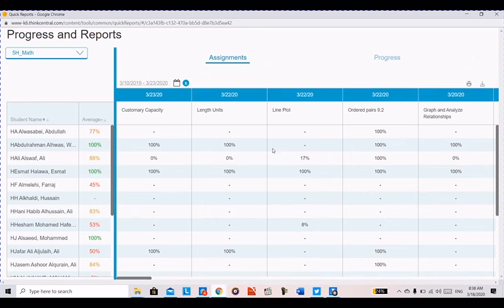He did all the assignments, but you have missed this one, line plot, so you have to complete it to get your marks. Okay, Ali Sawaf, why did you get 0 here and 0 here? You have 17 here. You have to answer your online assignment, then send it to me by using the green button. Turn it in.